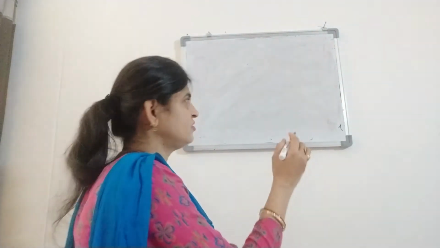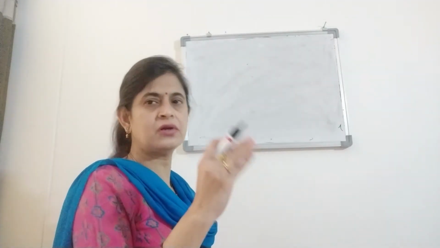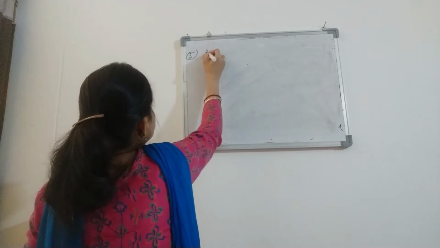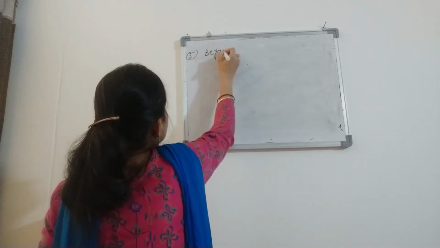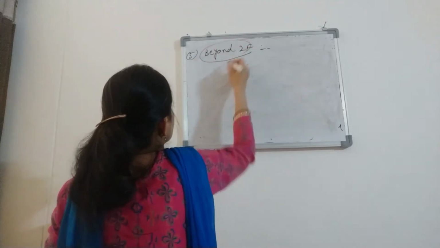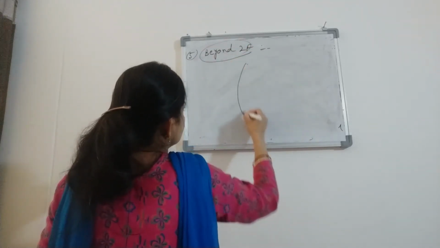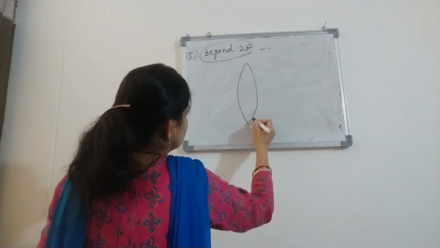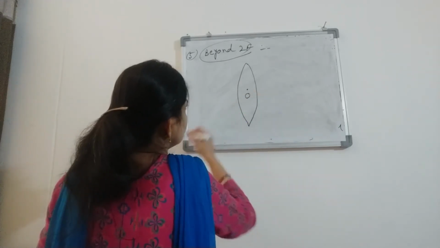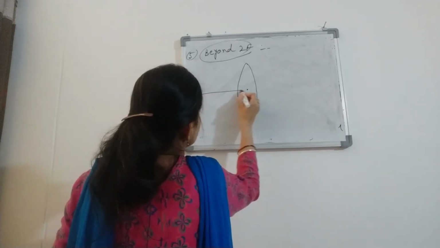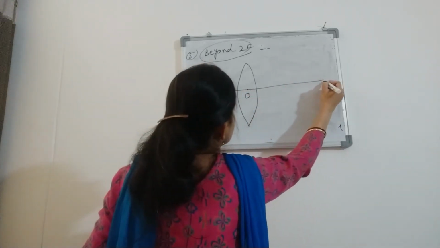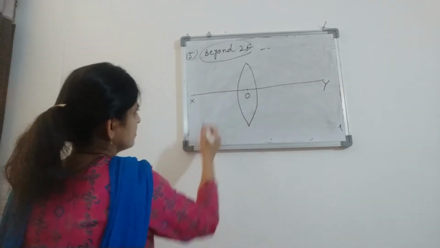Now, the position of the object is beyond 2F, which is your fifth position. So draw the convex lens. O is the optical center and XY is the principal axis.